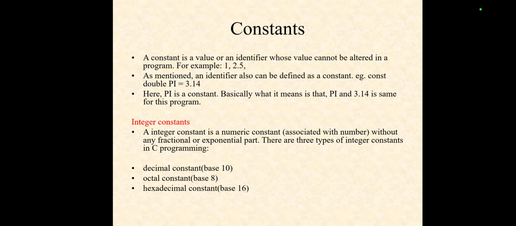The first is the decimal constant, which has base 10 and includes the numbers from 0 to 9. Another is the octal constant, which uses digits 0 to 7. Then the hexadecimal constant, denoted by 0x, which has base 16 and uses 0 to 9 and the alphabets A to F. These are the integer constants.